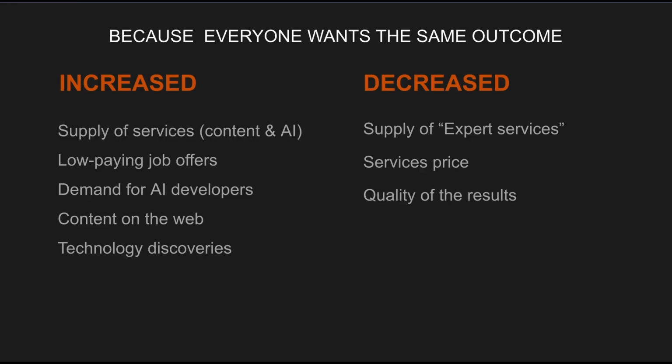All right, let's get back to the future. What will happen? Everybody will start using it to create content, right? That's the most obvious thing. Everybody will start thinking about how to use this to make money. So when we know what everybody wants, we can tell what the outcome will be.